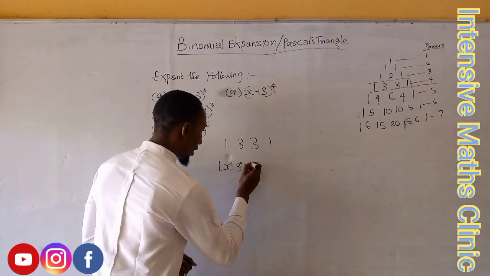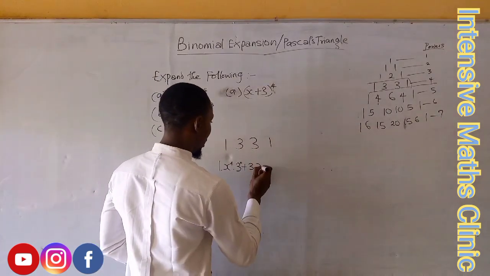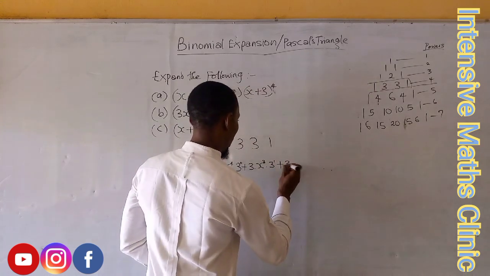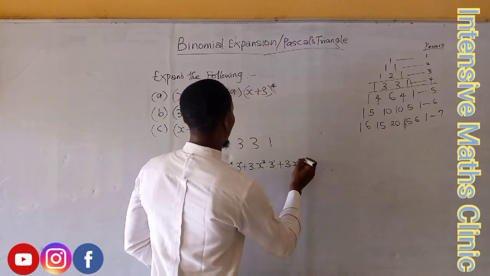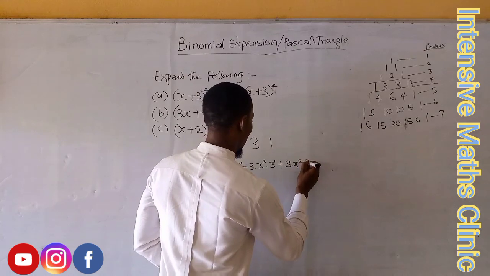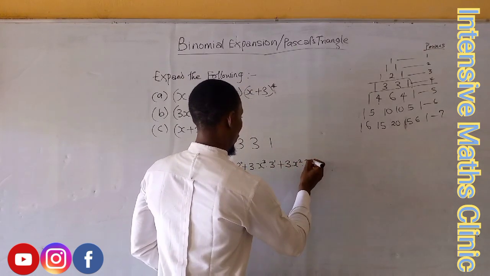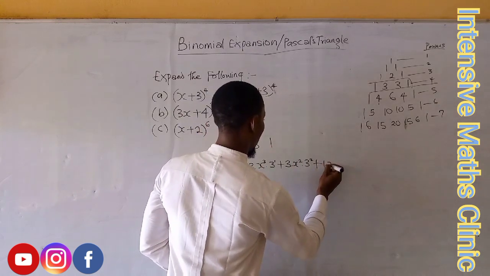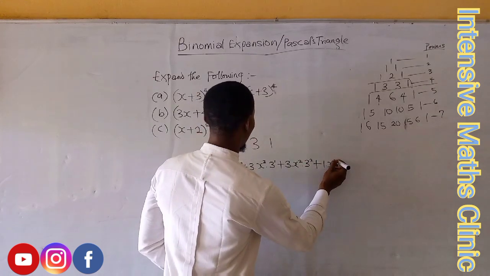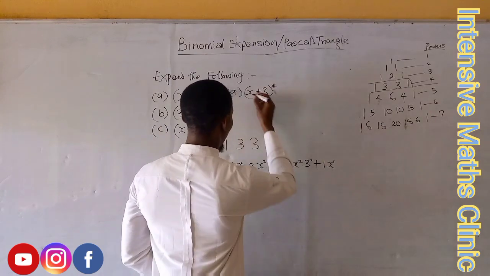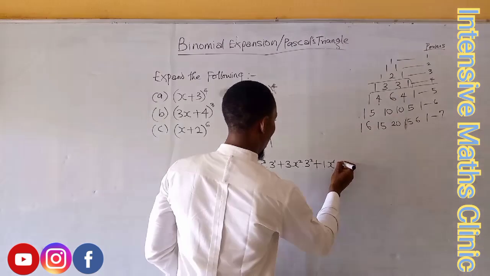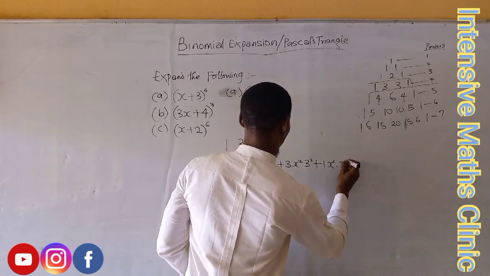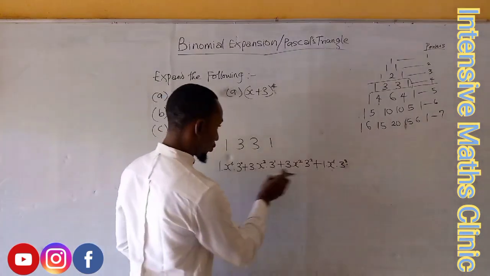So we are doing this, plus 4 multiplied by x cubed multiplied by 3 to the power of 1, plus 6 multiplied by x squared multiplied by 3 squared, plus 4 multiplied by x to the power of 1 multiplied by 3 cubed, plus 1 multiplied by 3 to the power of 4. So if you look at it, 1, 2, 3, 4, this is the fourth term.